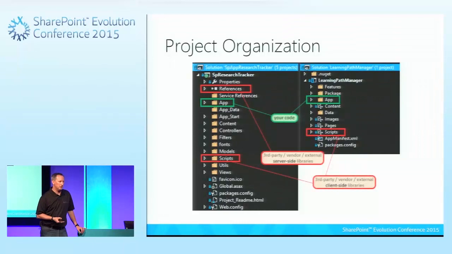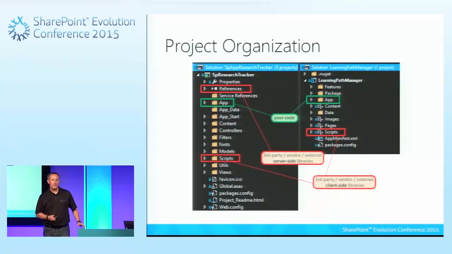There are other packaging systems out there that are very popular in the web development space, and Microsoft is adding support for them in the next version of Visual Studio, Visual Studio 2015. There's one called NPM, the Node Package Manager. That's like the JavaScript implementation of NuGet.